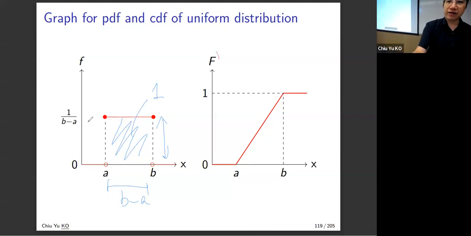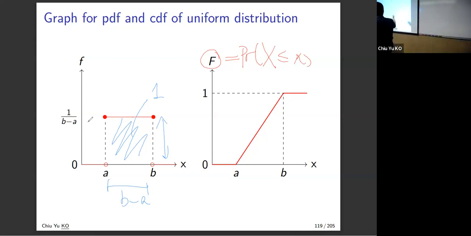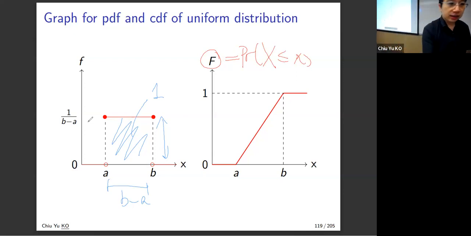The next is big F. Big F is the probability that X is less than or equal to x, right? It's the probability of being less than or equal to that number. What does that mean here? Suppose I put a particular x here.